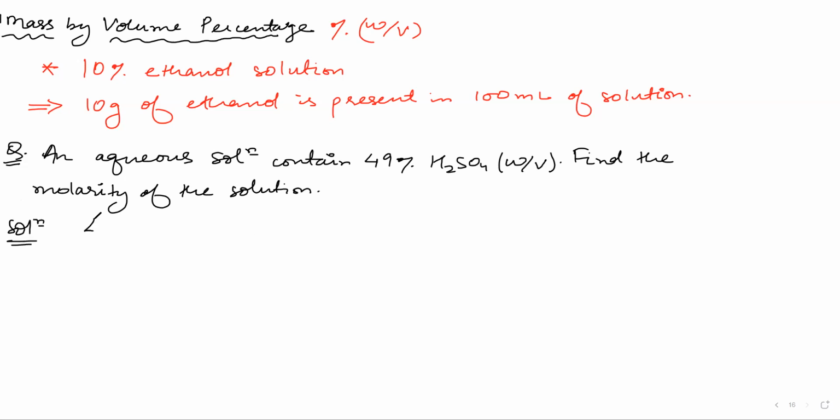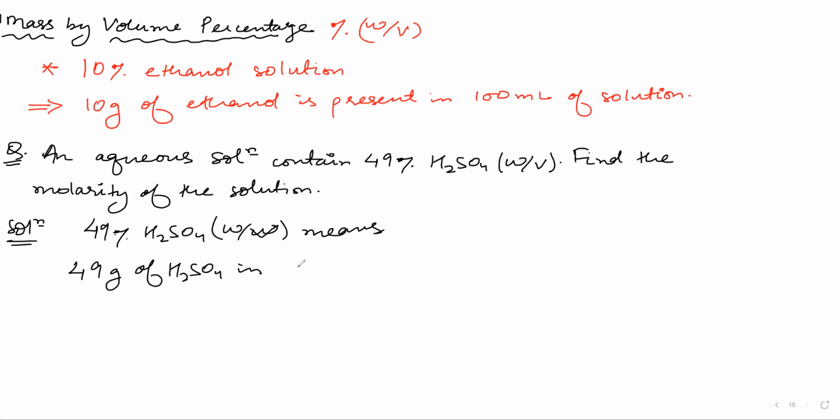So 49% H2SO4 W by V means 49 gram of H2SO4 in 100 ml of solution.